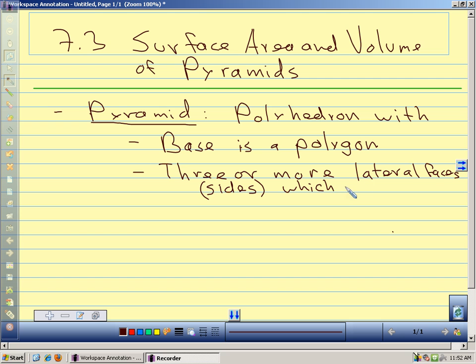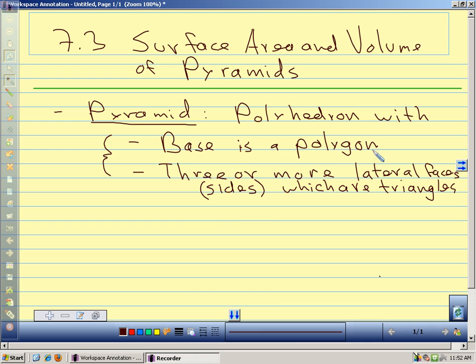And our lateral faces are triangles. So these two things are what make our polyhedron a pyramid. It has a base that's a polygon and 3 or more lateral faces, or sides, which are triangles.